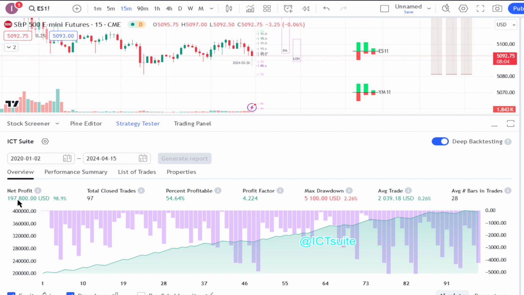So it's decreased both in profit and of course percentage of profitable. So it's a small decrease, but it's not that bad.